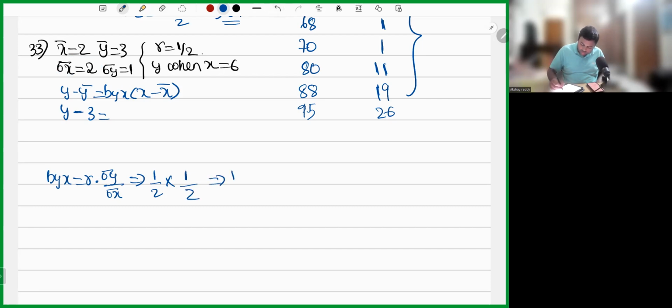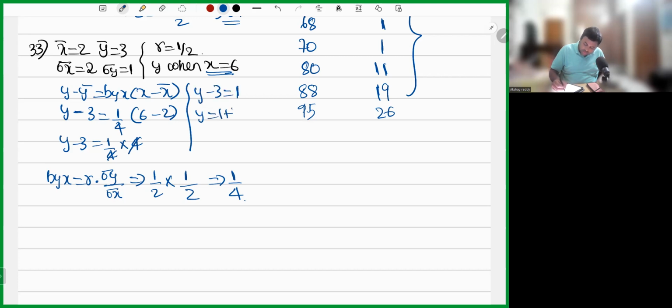So 1 by 2 into 1 by 2, 1 by 4. Y when x is equal to 6, x bar is 2. Y minus 3 is equal to 1 by 4 into, what is 6 minus 2? 4. So y minus 3 is equal to 1. Y is equal to 1 plus 3, which is equal to 4.